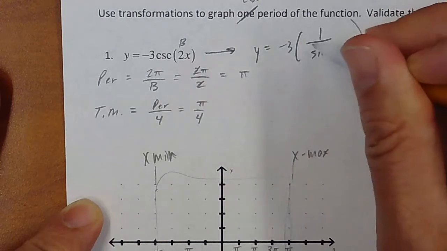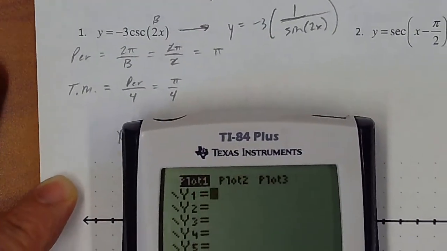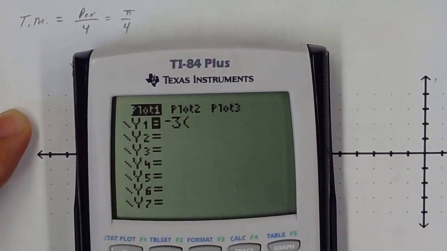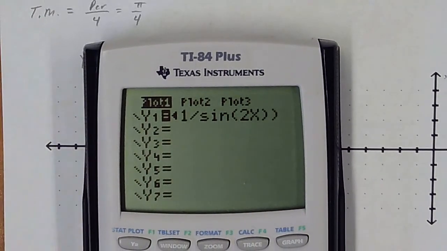You have to remember that reciprocal relationship. So that's what we're going to do for this one: -3, parentheses, 1 divided by sine of 2x. Now complete the graph on the next video.